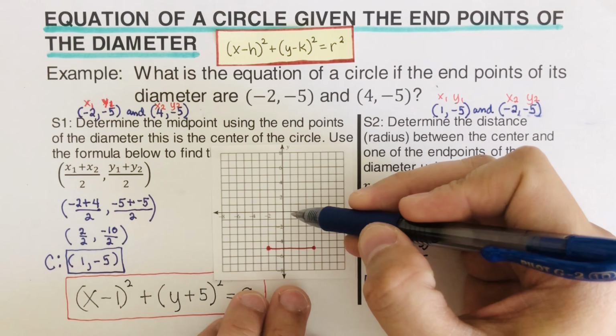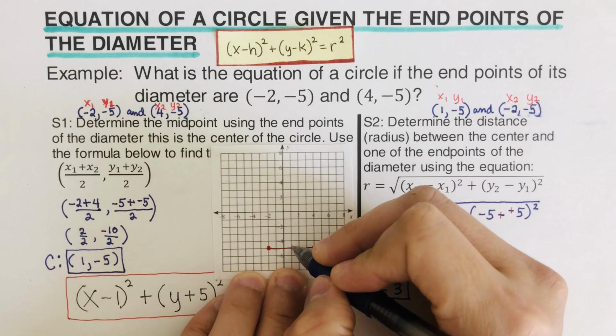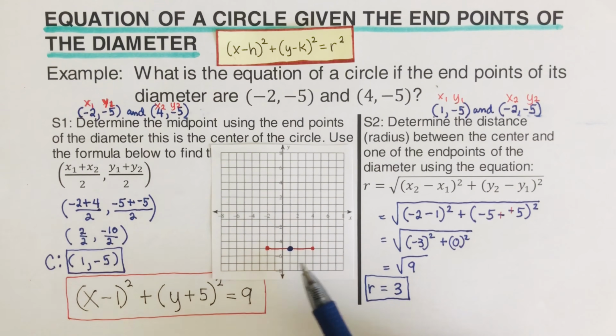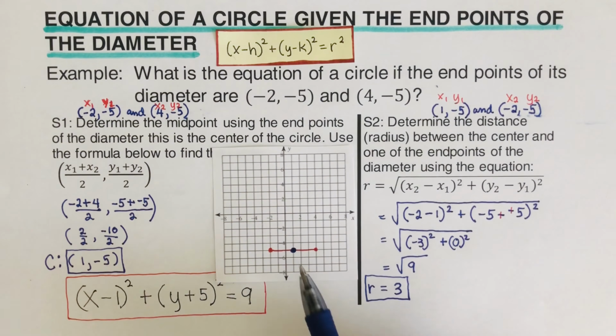So you see the center of the circle is actually in the middle of the diameter, because the diameter is a line segment that is drawn from one end to the other end, passing through the center, which is the midpoint.